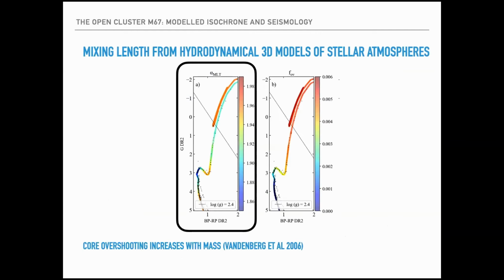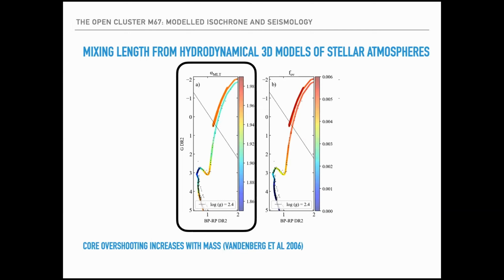So for example, the mixing length that we use is often a fixed value modeled after the sun, but we don't use that. We take a value of mixing length from these hydrodynamical 3D models of stellar atmospheres, and at each step of the model evolution, we look at the log g and we look at the effective temperature, and we take that value from that grid.